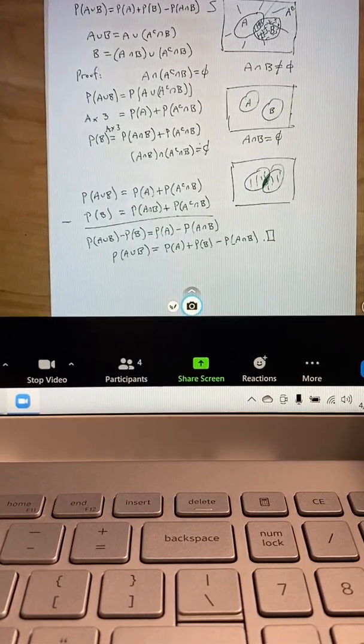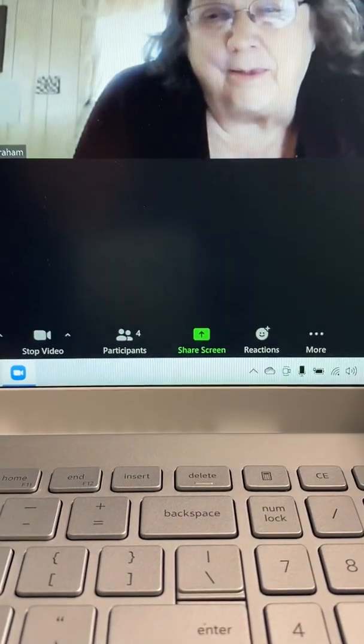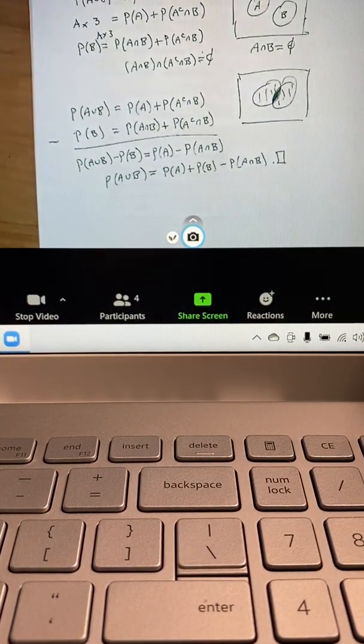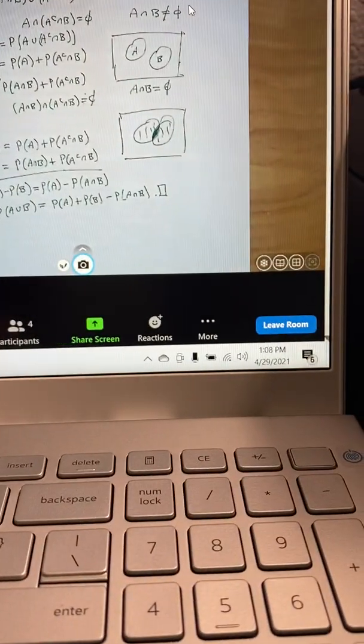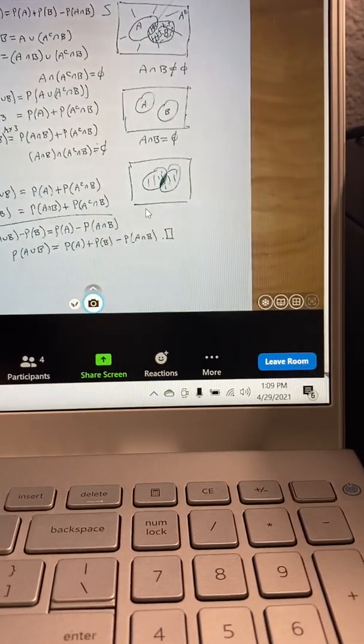How about you, Daisy and Dylan? Yeah, I think I'm in a good spot, more or less. Yeah, I like using the diagrams to follow along. I think that makes it a bit easier.